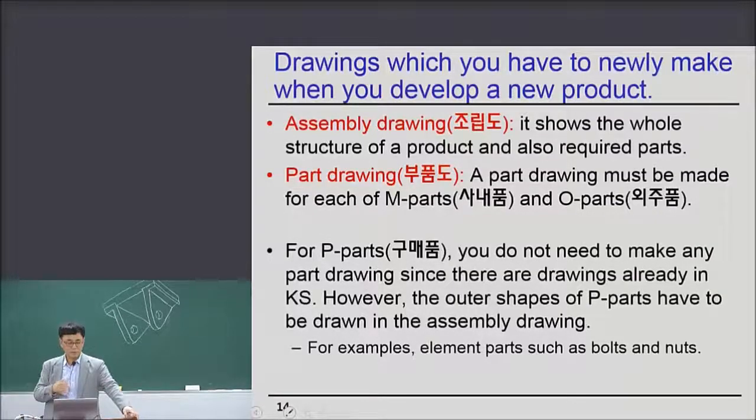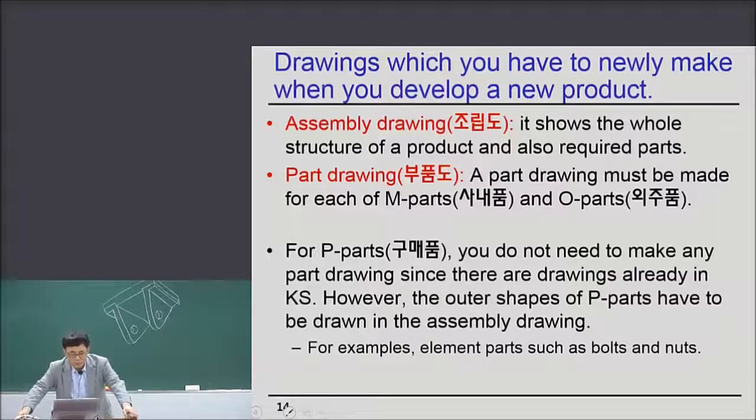For a P part, the purchase part, you do not need to make any part drawing, since there are drawings already in the Korean standard or in the brochures of the company which provides the purchase part for you.